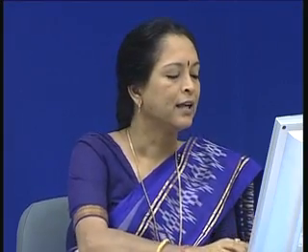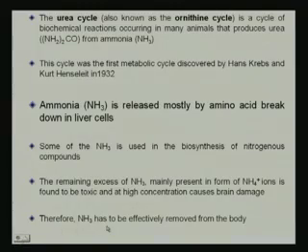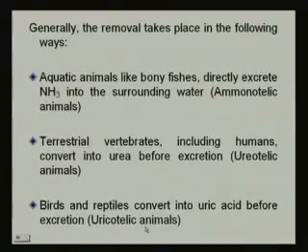So, this particular byproduct which is produced inside the cell has to be removed. And how is it removed? It is removed through this urea cycle. So, ammonia has to be effectively removed from the cell because of its toxic effect.